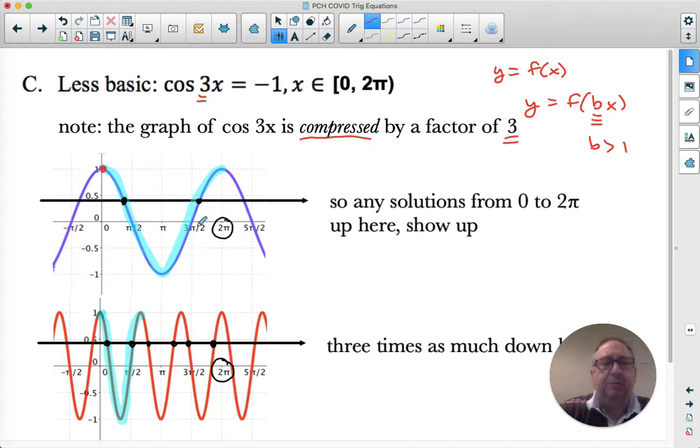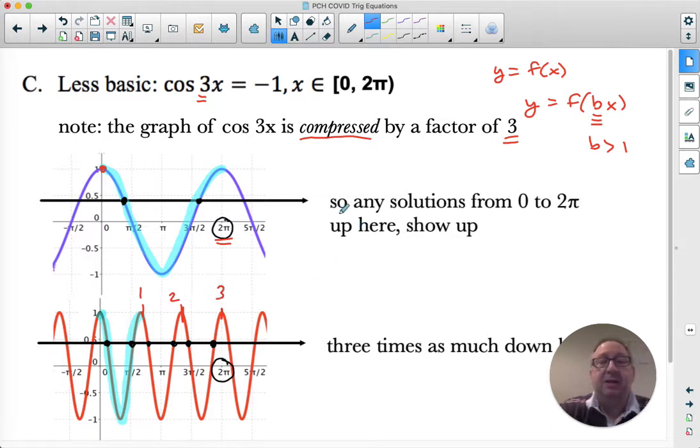And the graph compresses. What was one period taking out to 2 pi, now that very same period is compressed by a factor of 3. In fact, we get 3 full periods out to 2 pi.